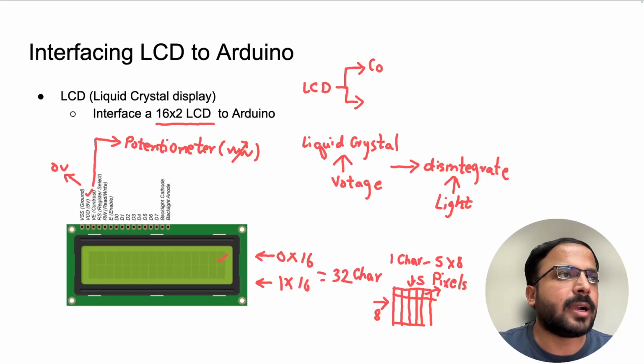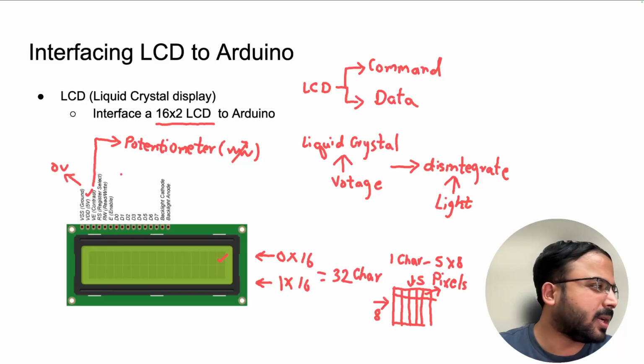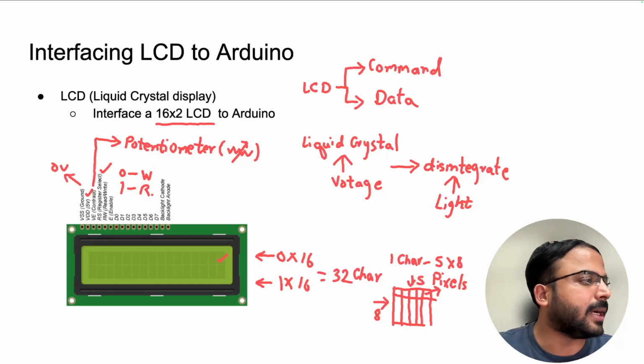So it has a command register and a data register. To select whether you are sending a command or data, you use this pin. Now read or write: by default 0 is write and 1 is read. Mostly we are going to write, so we connect this to 0 volts.